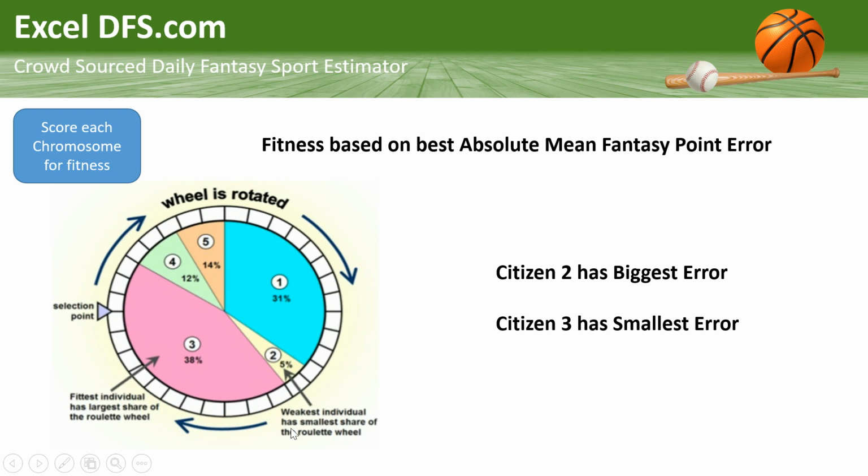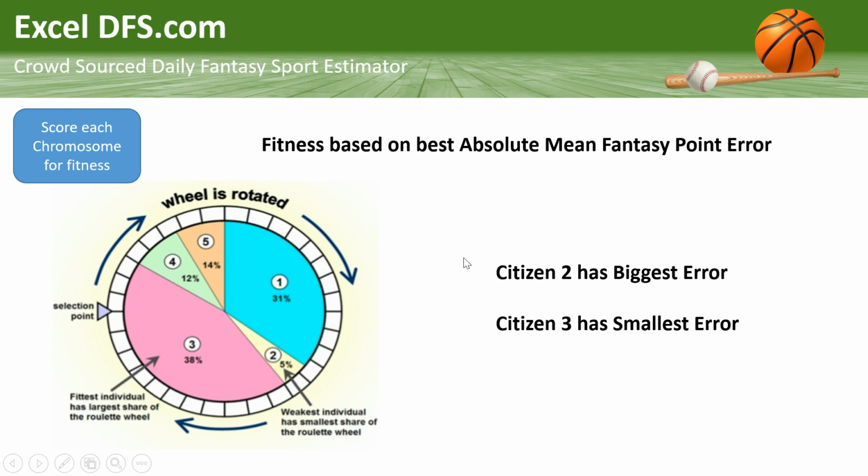So whenever this wheel is rotated and the random slot is chosen, the roulette wheel, as it's called, is the roulette wheel method of selection. The chances are that number 3 will have a greater opportunity to be a parent than number 2 or number 4 or number 5, and the second one most likely to be a parent will be number 1.